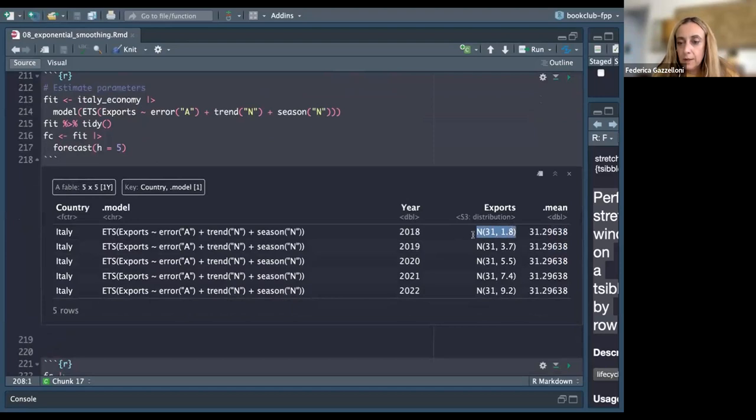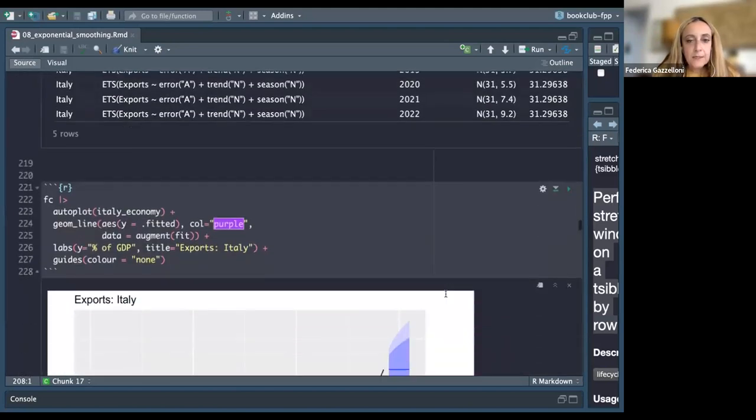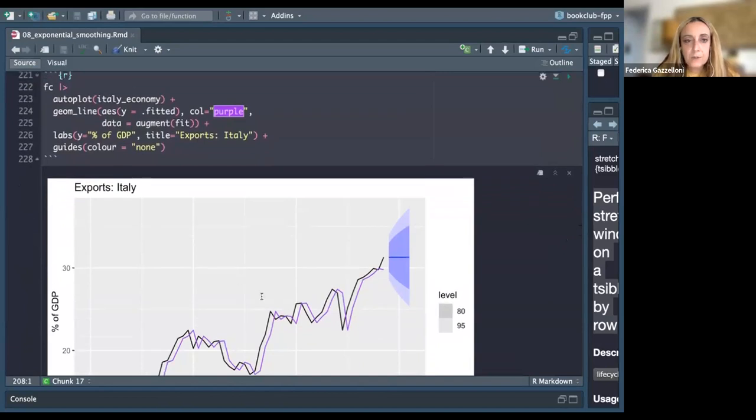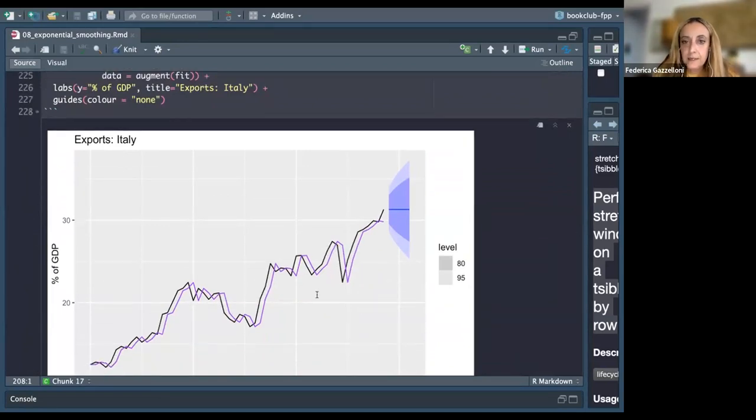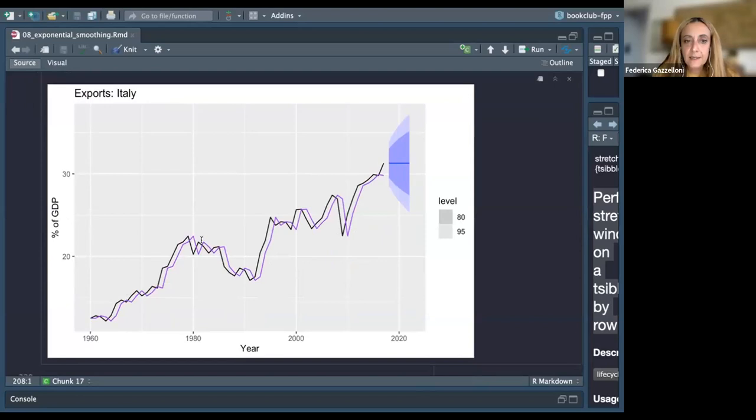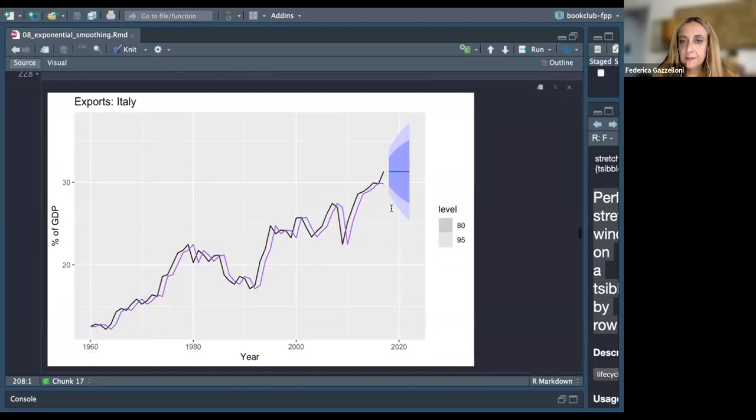So here we have the distribution of the normal errors. So we suppose they are behaving normally. And let's have a look at the comparison between the observed data and the fitted data. We can see that this is the shift within one period, and this shows the main difference.